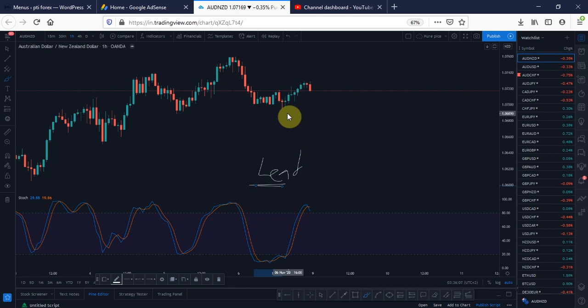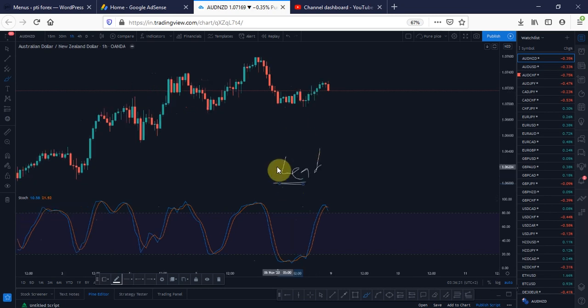That's why it produces what we call divergence. But I'm going to make a special video about divergence, and I've already made one in the past, so I will put the link in the description. It produces divergence because it's a leading indicator.